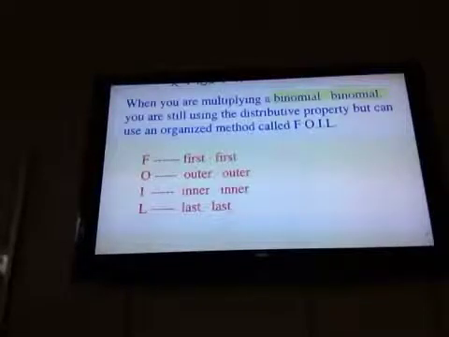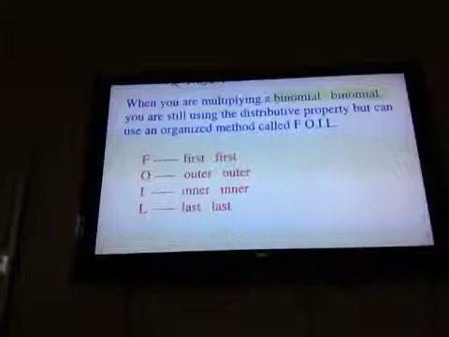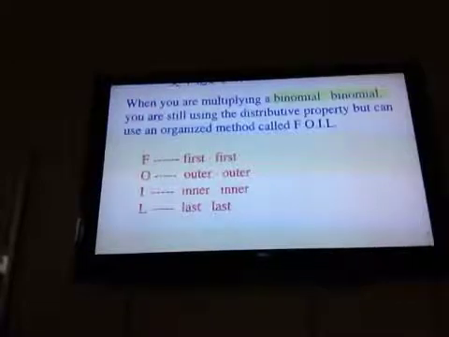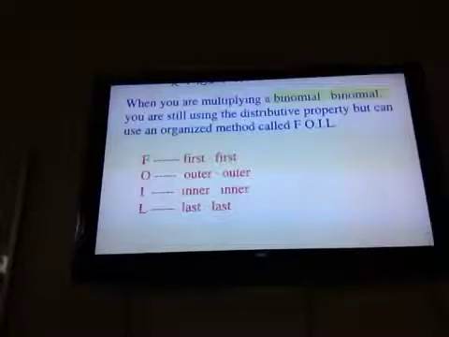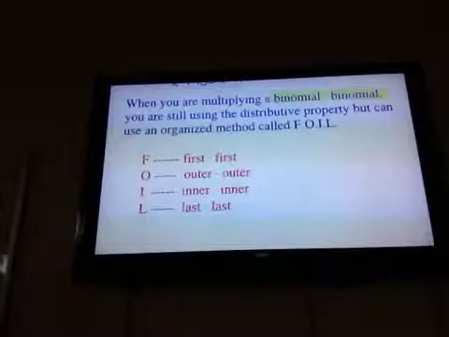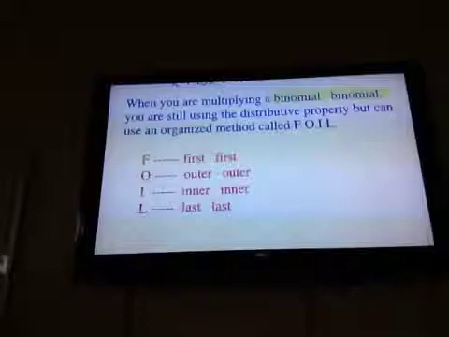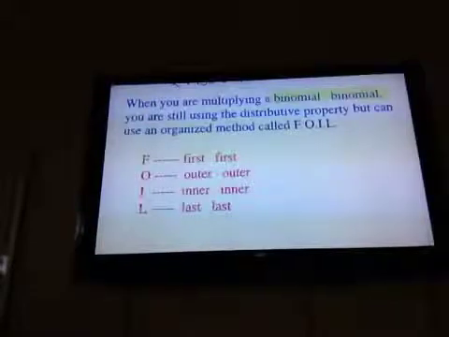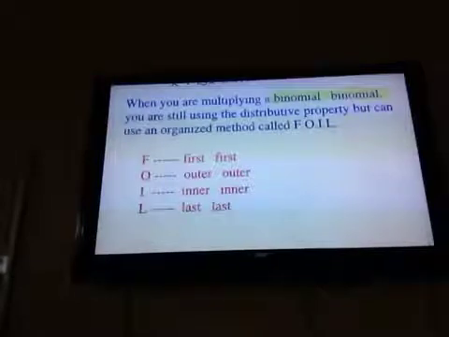The concept of FOIL, however, is hugely important for Goal 4. Okay, it's really not that important today, because I could just teach it as distributive property and it wouldn't be a big deal. I don't have to use FOIL to do what I'm doing. But by learning it now, it really helps with the next stuff. Now keep in mind, I can only use it when there's 2 and 2.